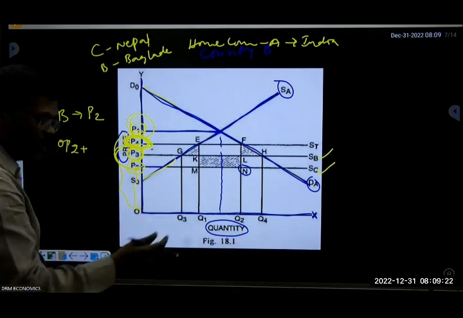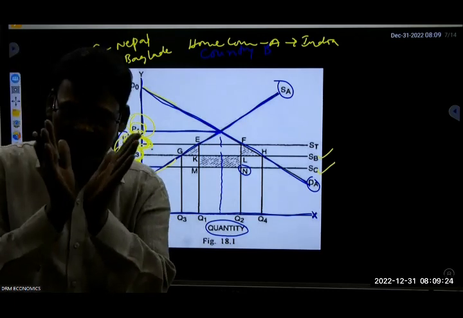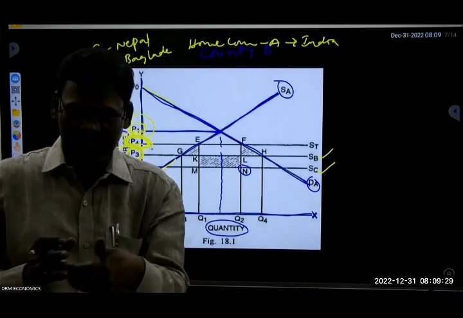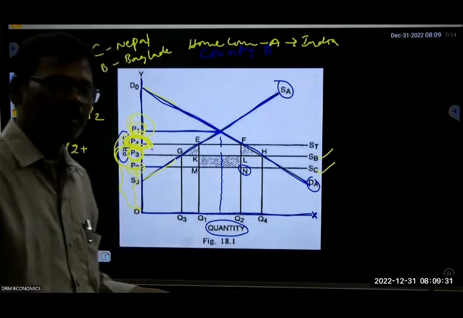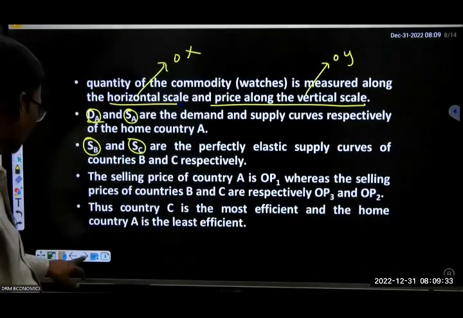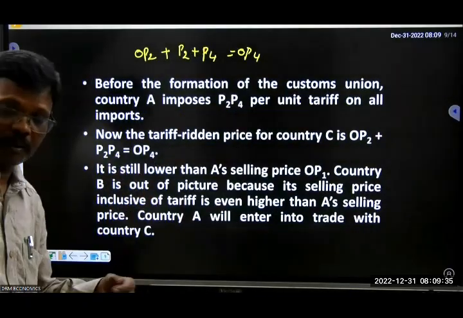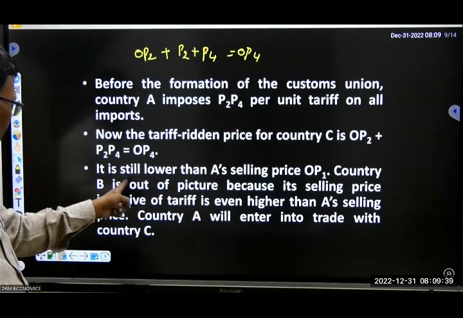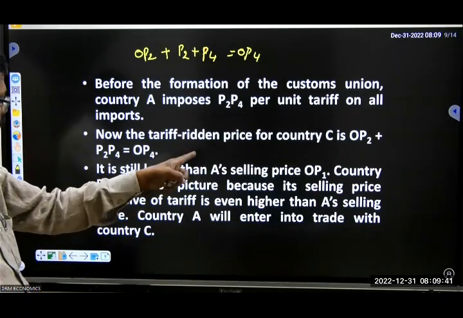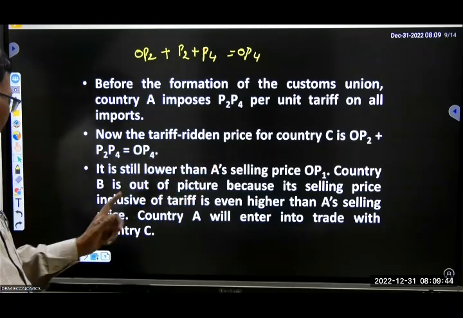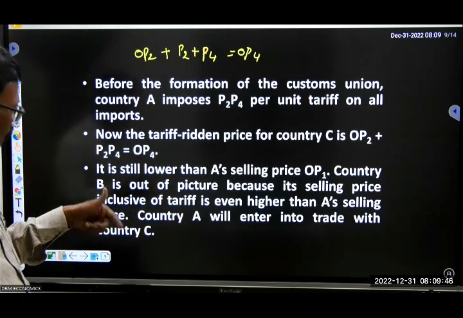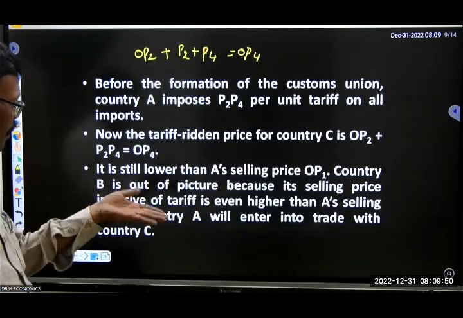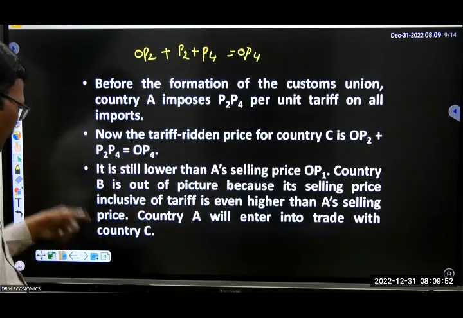So what will happen here? If our country imports the commodities from C, we will get more commodities at the least prices. So it is still lower than A's selling price OP1. Country B is out of the picture because its selling price inclusive of tariff is even higher than A's selling price.